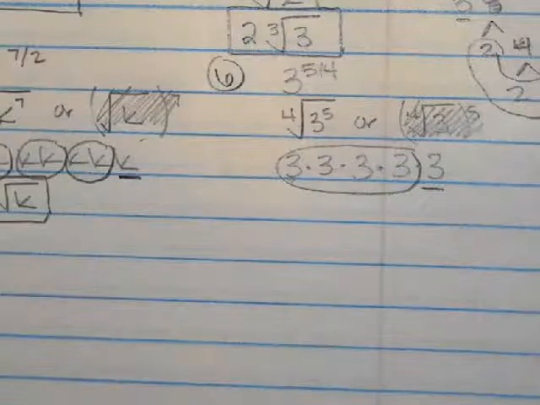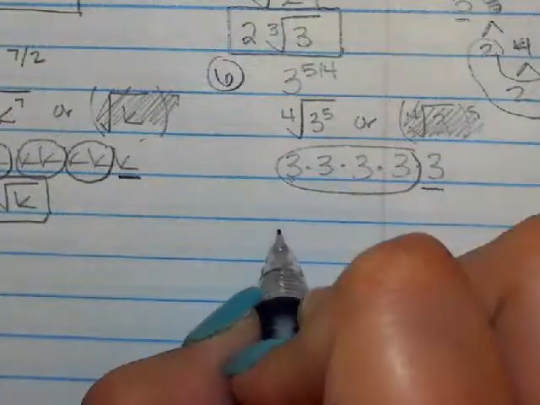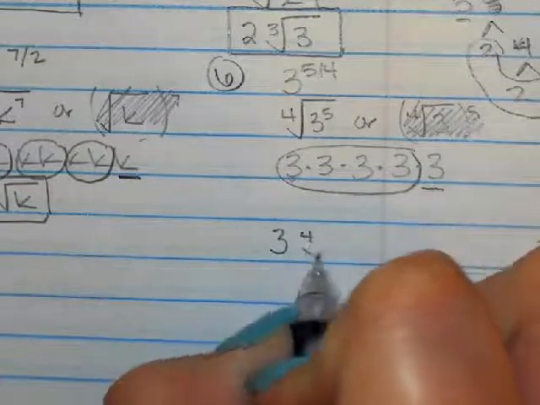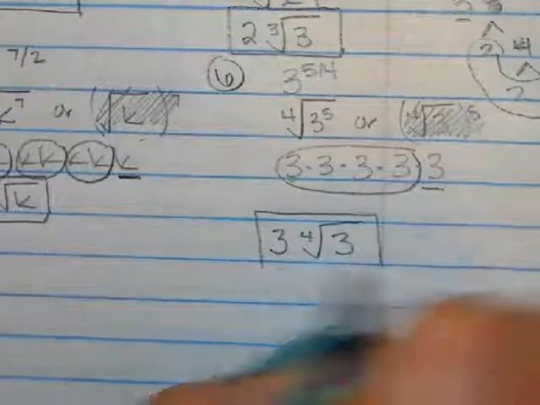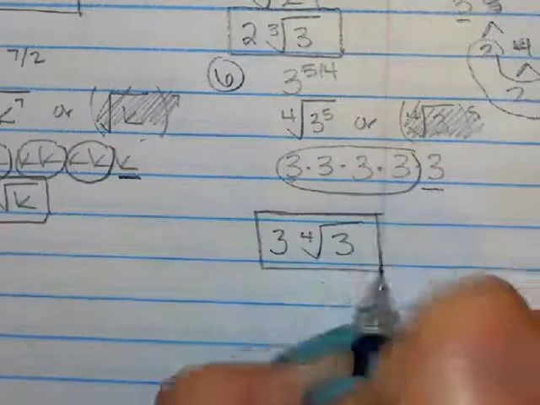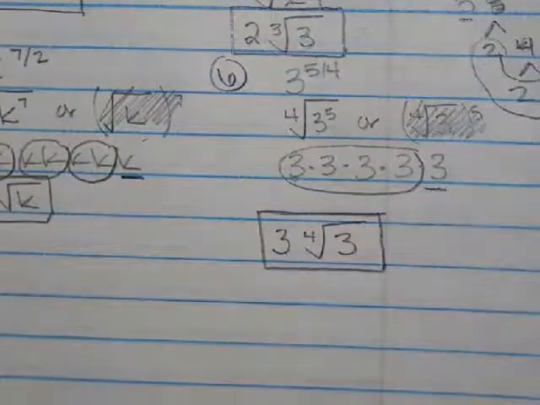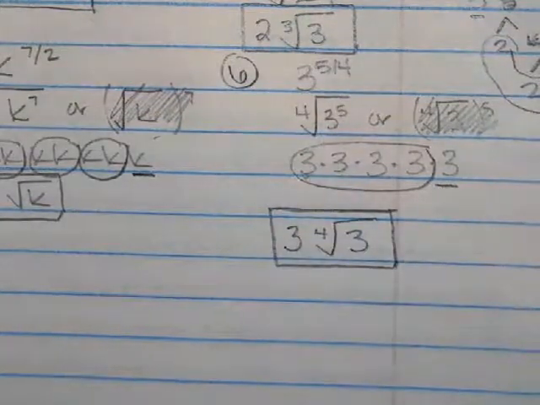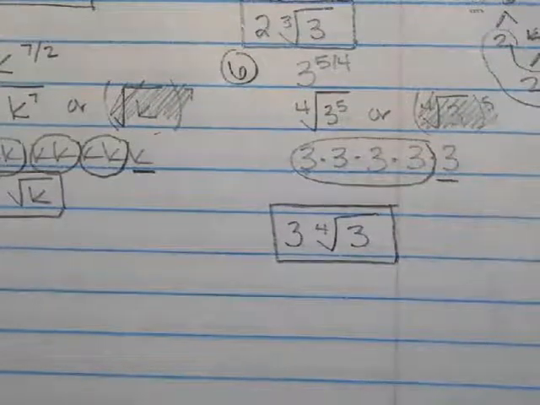So what do we have? 3, fourth root, 3. Even though I could have typed 3 to the 5th in my calculator to figure out what that number is, I didn't want to, because I knew that I could reduce it. Does that make sense? Okay.